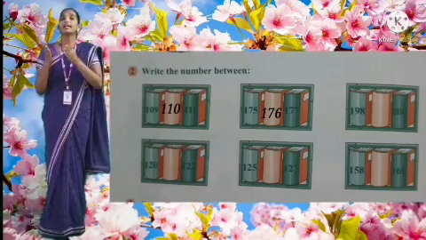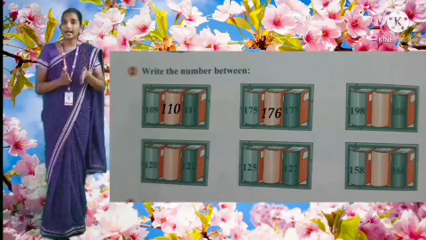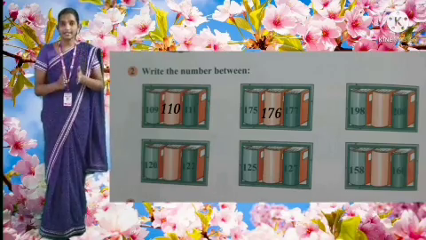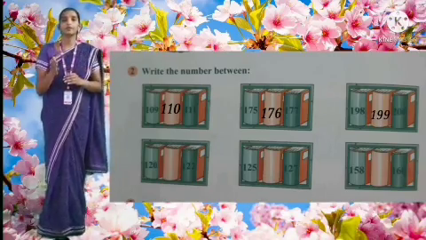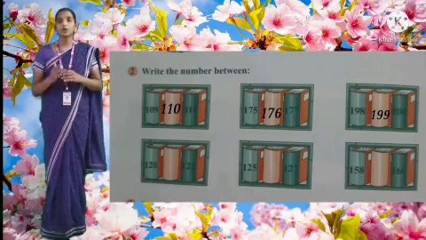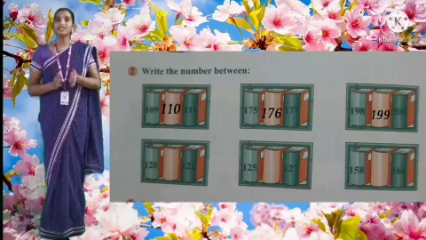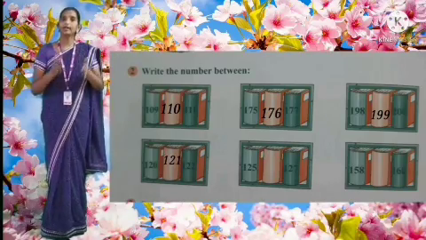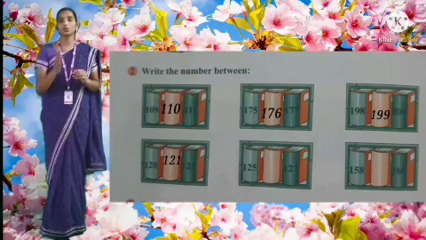The next one, 198 dash 200. So 198, 199, 200. So we have to write as 199. The next one, 120 dash 122. So 120, 121, 122. Write as 121.